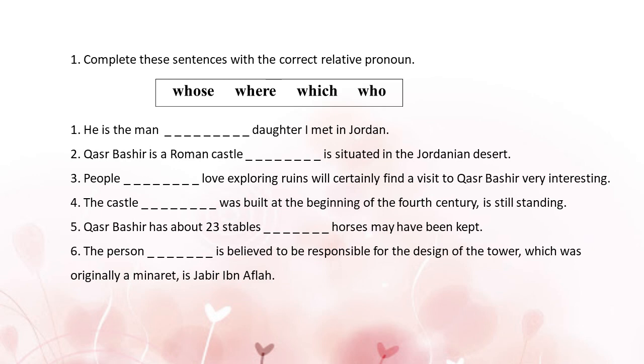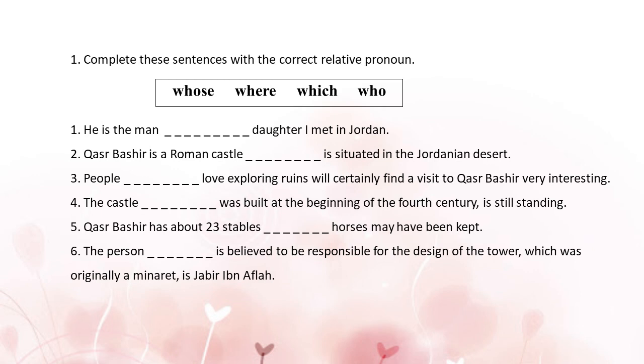Let me remind you, when do we use them? Whose, if you are talking about possession, for someone and the thing that he or she possesses, or for an animal or thing. Where, to talk about place. Which, for animals and things.